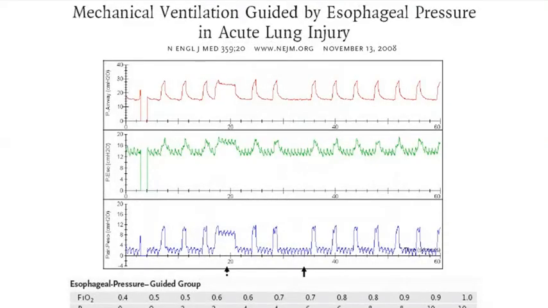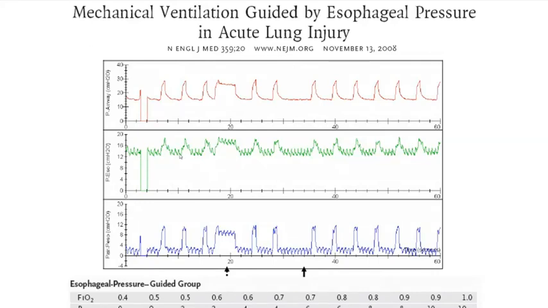So one application of this technique has been proposed by our colleague and chairman today, Steve Loring in Boston, is to say maybe we should try to keep the lung open at any expiration by making the difference between airway and esophageal pressure positive. This is a very nice example.